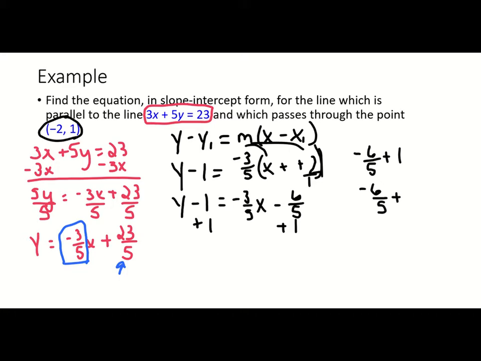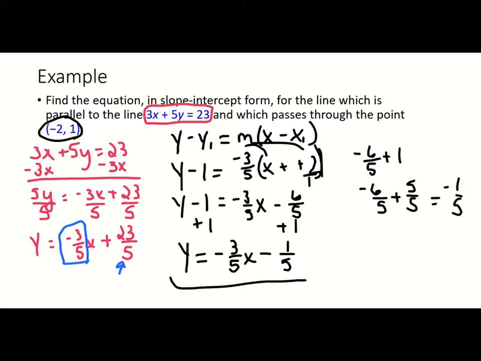So I'm going to turn this 1 into 5 over 5, and that will leave me with y equals -3/5 x minus 1/5, because -6 plus 5 equals -1, so -1/5. So this is the equation of the line that is parallel to 3x plus 5y equals 23. So again, parallel lines have the same slope. If you notice, both equations have the same slope, but different y-intercepts.